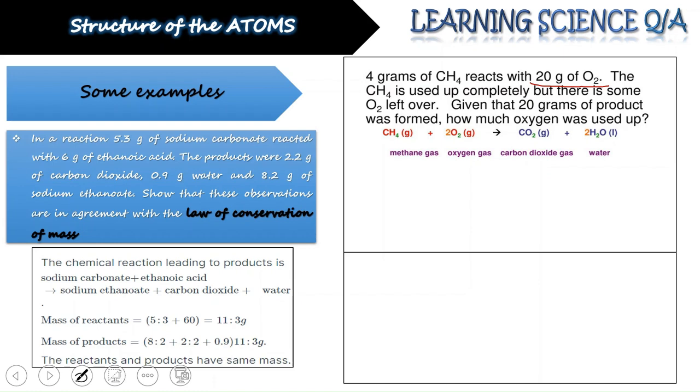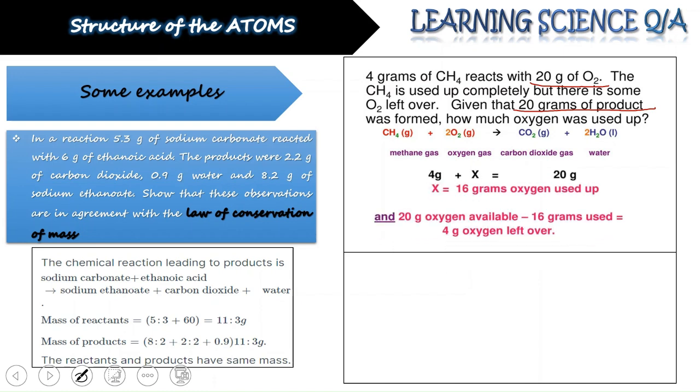It is given that methane is used up completely, but oxygen is left over. Right? So 20 gram of product was formed. That means, how much amount is left over? Out of the 20 gram which was available earlier, 16 grams were used and 4 grams will be left over. Why? Because we have got 20 grams of product out of the total 24 grams available on the reactant side.